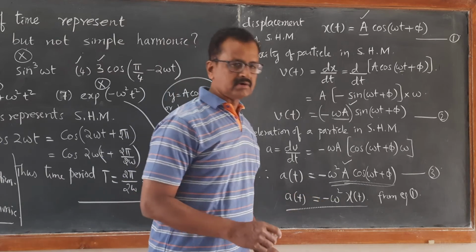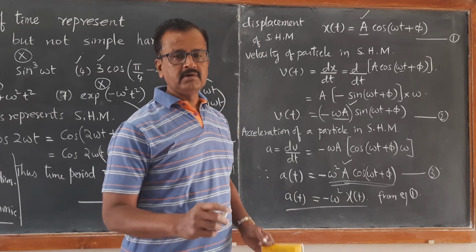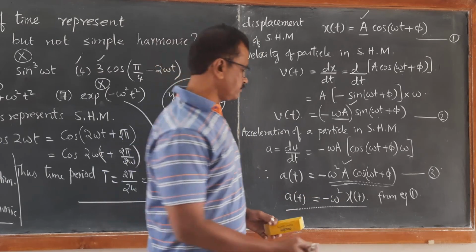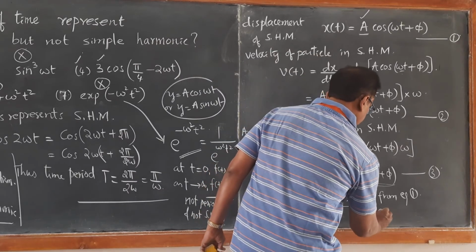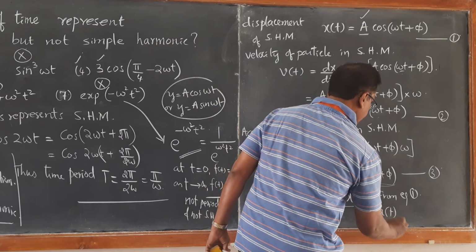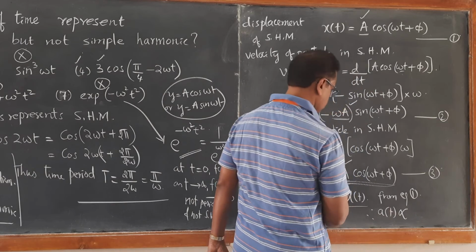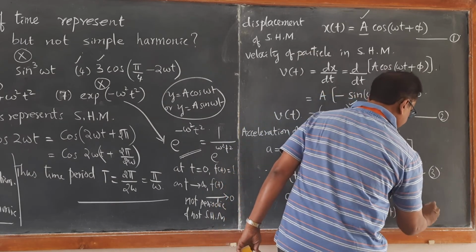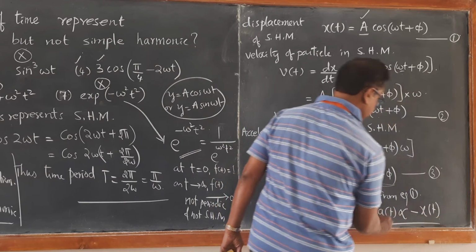Since omega is constant, omega square is also constant. Therefore we conclude that acceleration, being time dependent, is directly proportional to the negative of displacement.